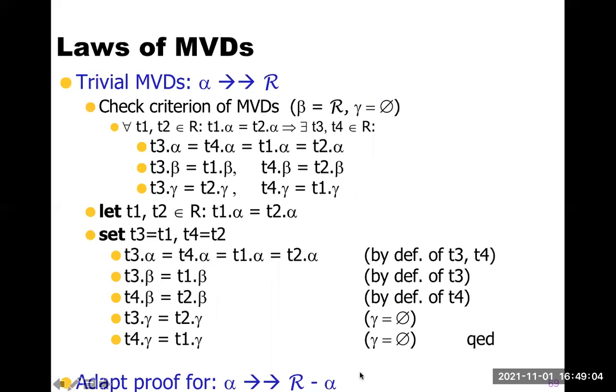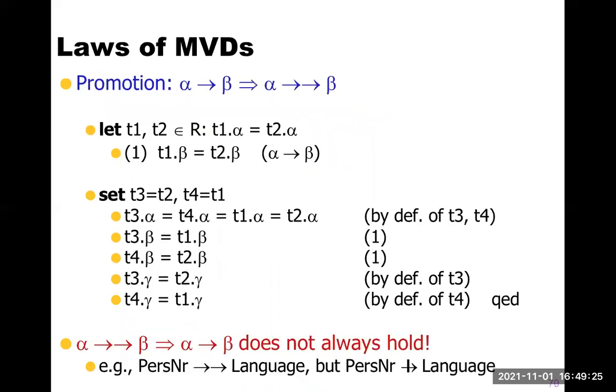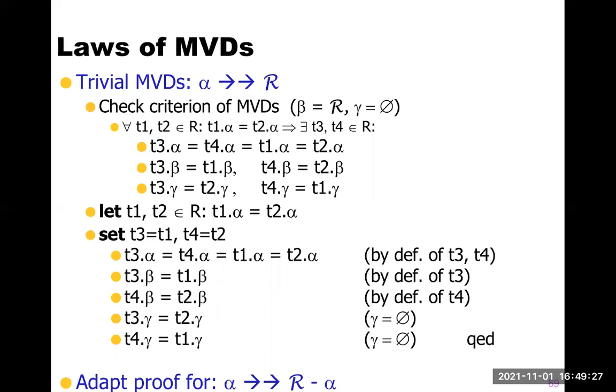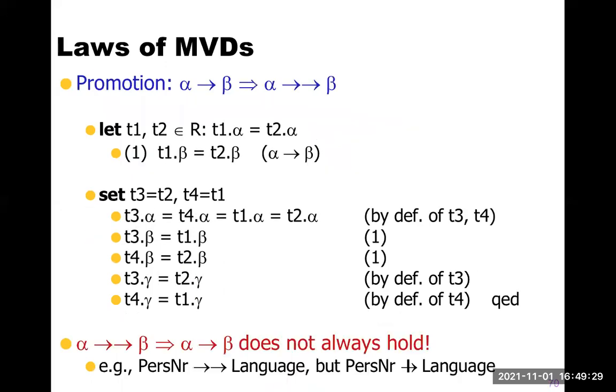The same thing, we may prove this situation. So from alpha, the whole table depends on alpha, and the whole table, all the columns besides alpha, may be put to the right side, and it can be proved too. So that's for trivial MVDs. Trivial MVDs are always here.